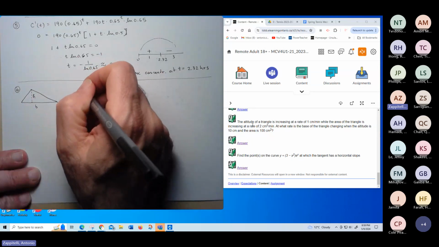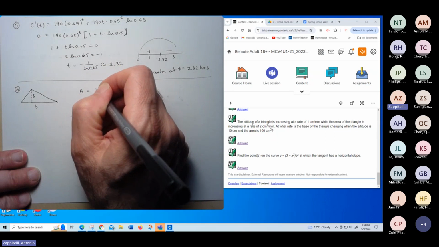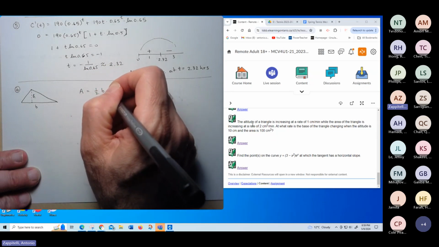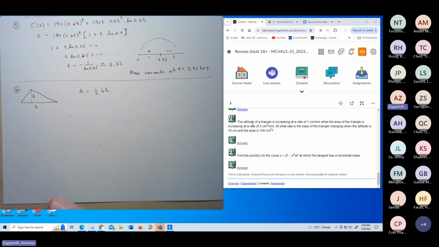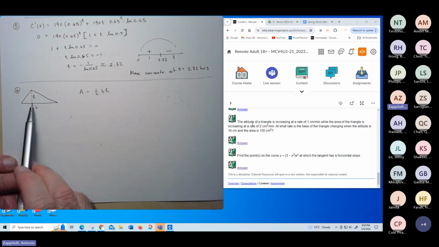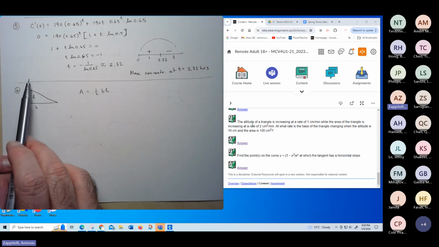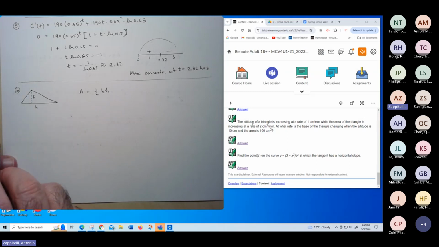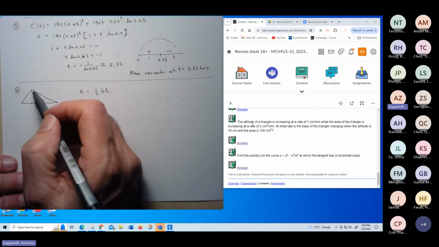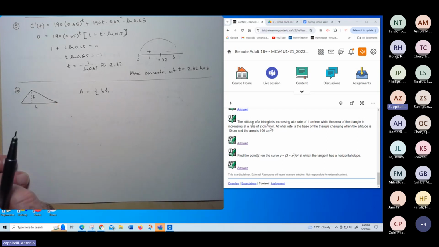And what we know is that the area of a triangle is 1/2 base times height. What we want to know is how quickly the base is changing as the height is increasing at 1 centimeter per minute and the whole area is increasing at 2 centimeters squared per minute.